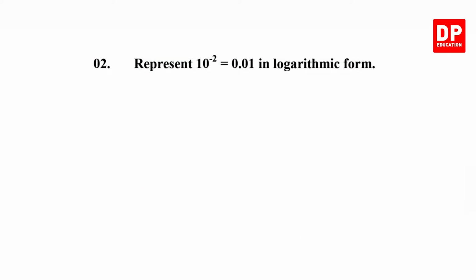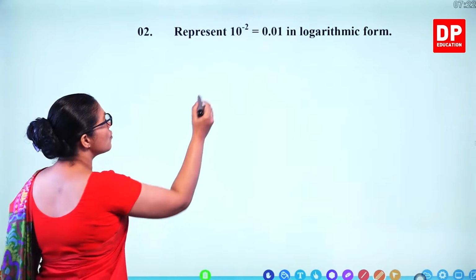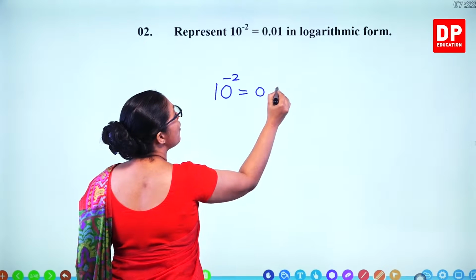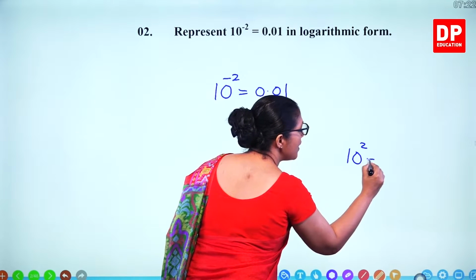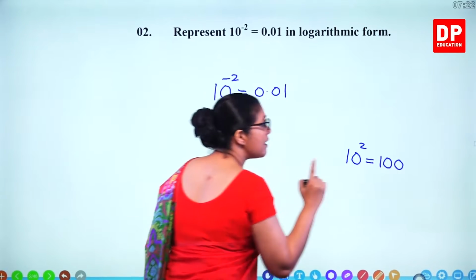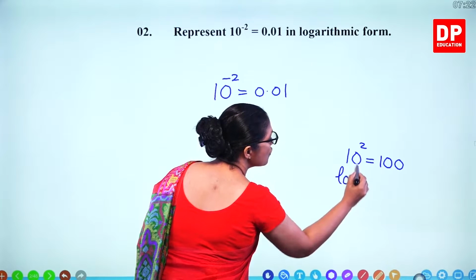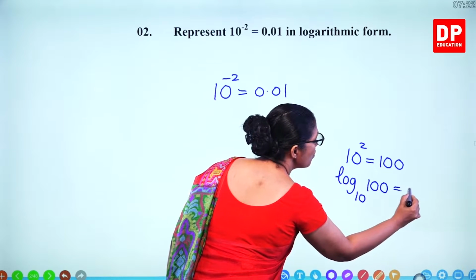Question number 2. Represent 10 to the power minus 2 is equal to 0.01 in logarithmic form. Now can you remember 10 squared is 100. How can you write in log notation? You can write log, base goes here, 10, 100 is equal to 2.